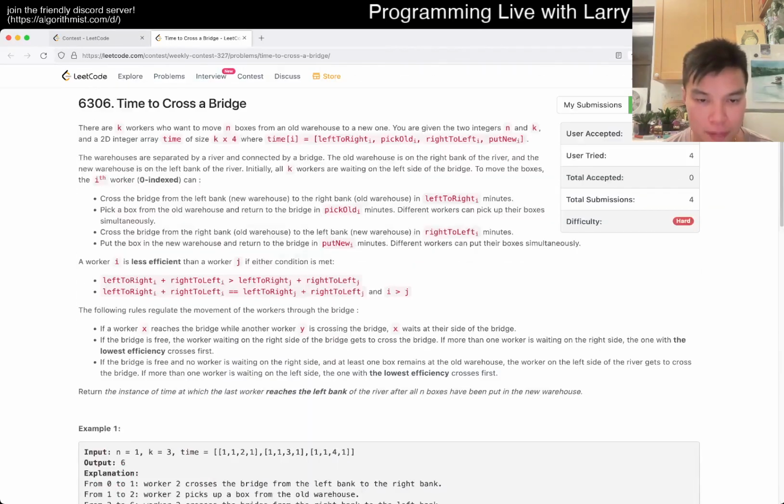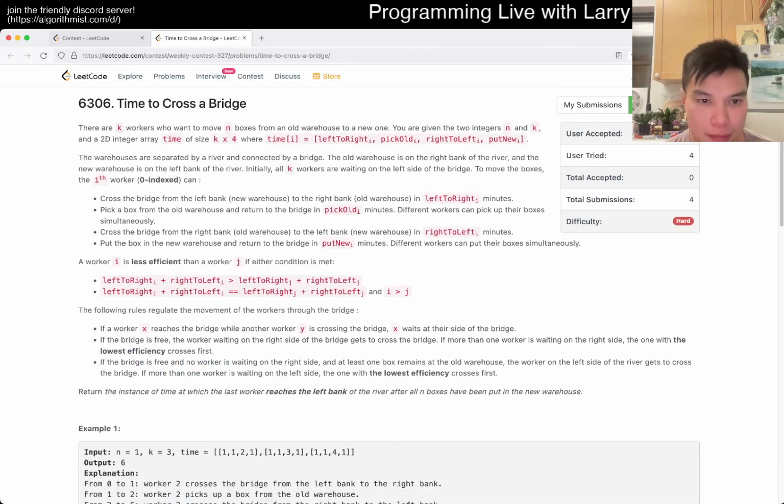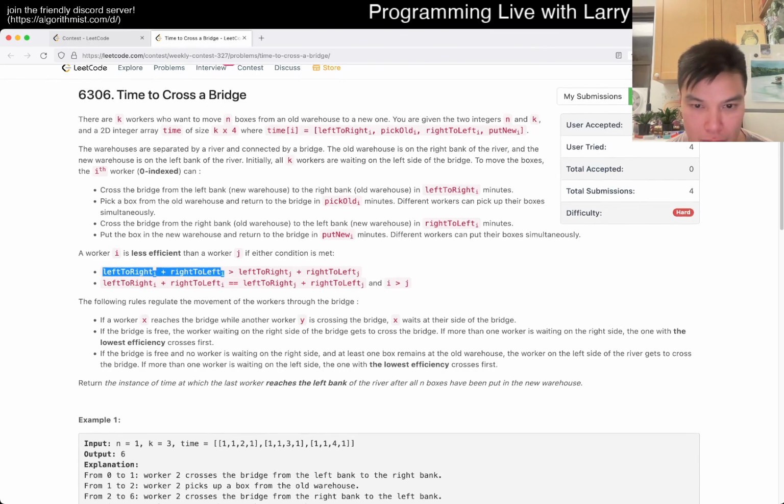Okay, yeah. Okay, so we always want the lowest efficiency. And if they're equal, then we pick the one that's later, which is, what a mess.